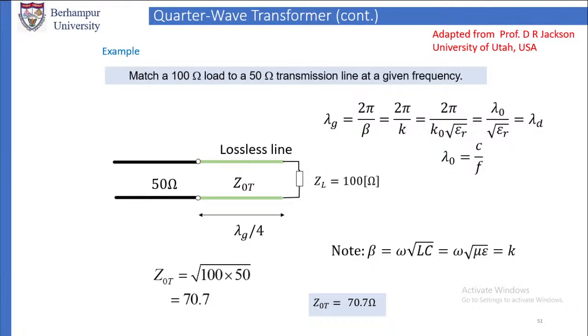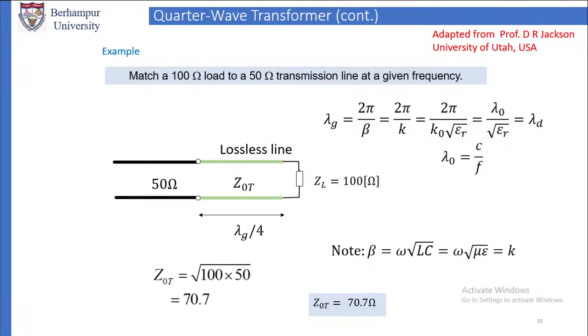Epsilon r is the permittivity of the dielectric medium which is filling the transmission line with characteristic impedance Z0T. So lambda g is equal to 2π by k0 root over epsilon r. If it is free space, there is no dielectric filling the transmission line, then lambda g is equal to lambda 0.